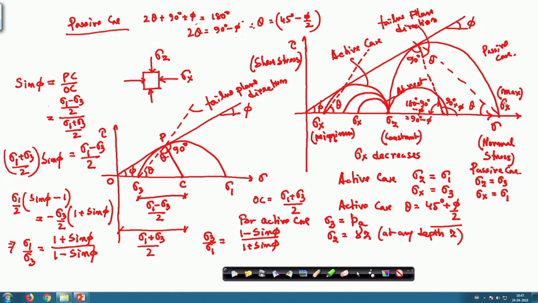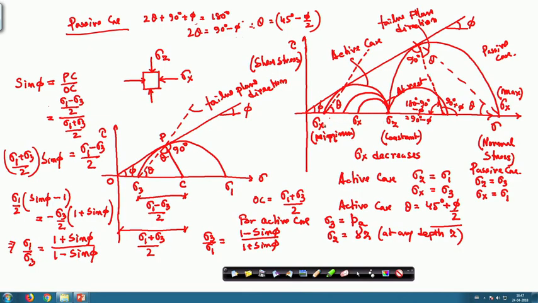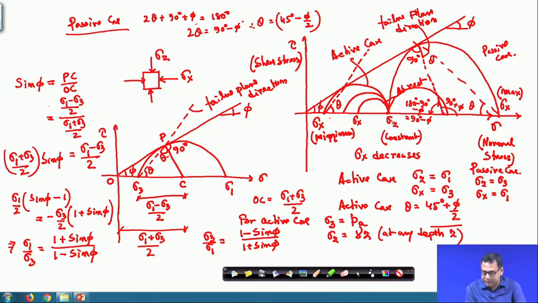Because in the active case, you see that your sigma z is greater than sigma x, but for the passive case, your sigma x is greater than sigma z.